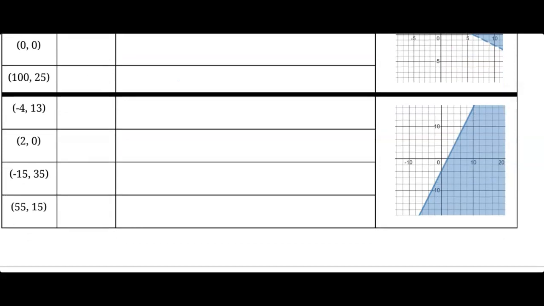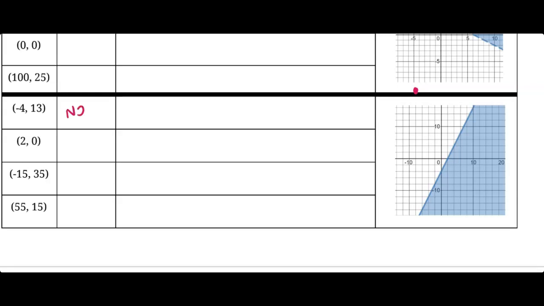Let's jump down to this other example. So if I look at the point (-4, 13), that's someplace well up here. That is very clearly not in the solution space. Your graph, remember, goes on and on forever in all of the directions. So you kind of want to use your big open brain there.